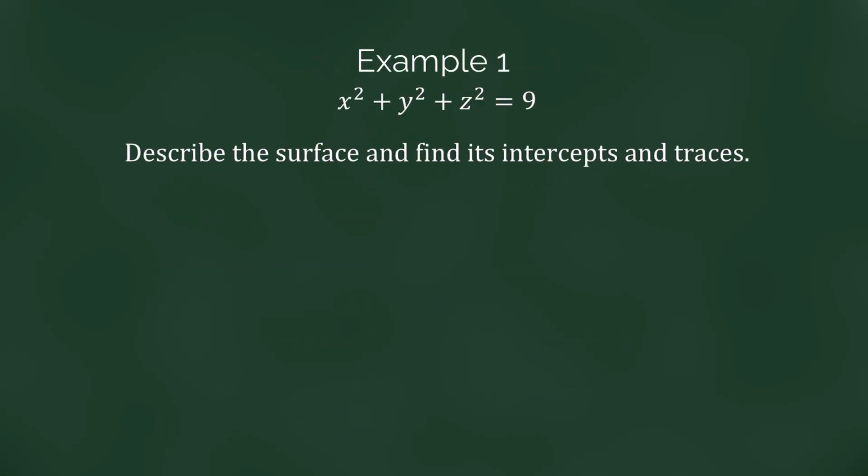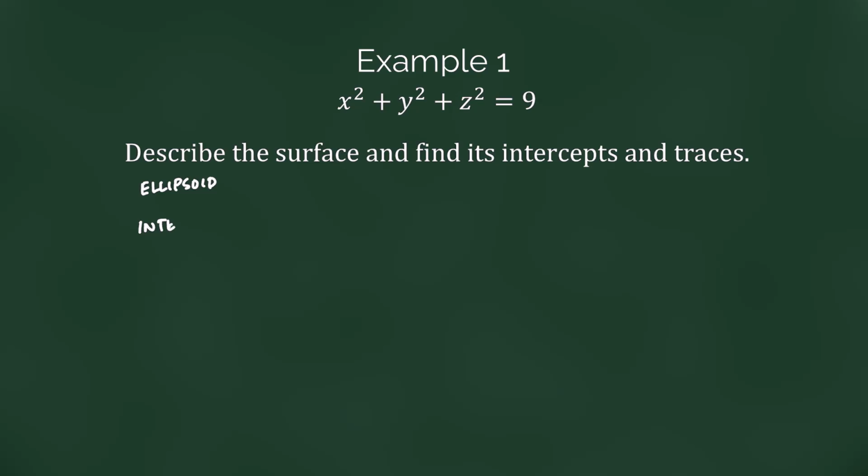All right, let's take a look at some examples and see if we can identify these. So here we have an equation. We've got x squared plus y squared plus z squared equals 9. So we can see everything's squared and all of the terms are positive. So this is going to be an ellipsoid. Let's find its intercepts and its traces.